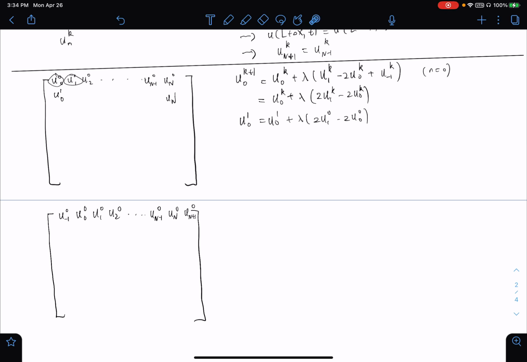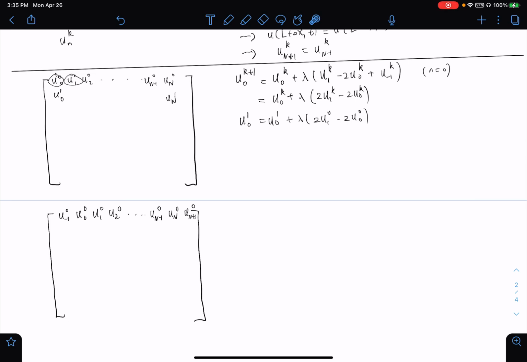So this corresponds to the value at x equals 0, and this corresponds to the value at x equals L, and these are fictional points.